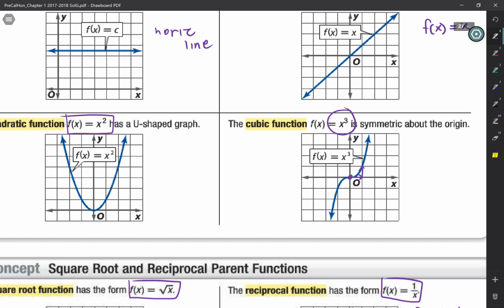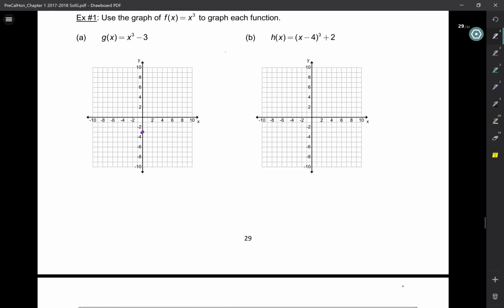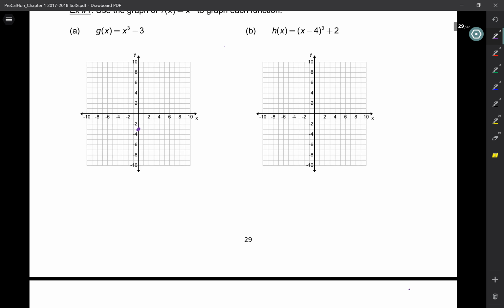How much do you go up? 1. If you go over 2, how much do you go up? 8. 2 cubed, right? So here, if you go over 1, you go up 1 or down 1. And then if you go over 2, you go up 8. So that would be like up to 5 here. Okay?